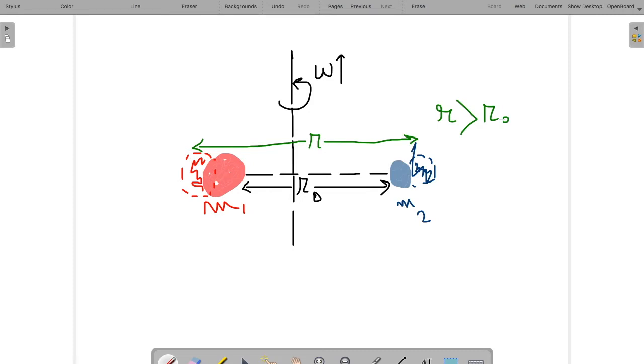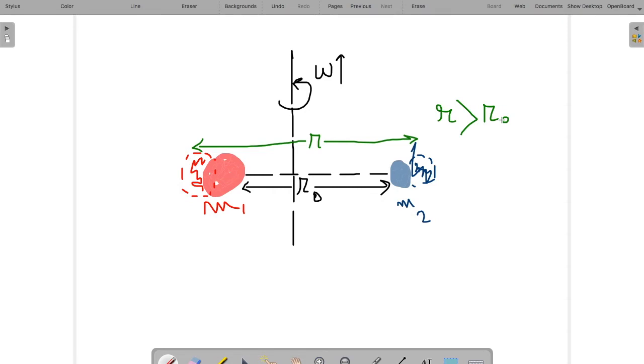So if we rotate it faster and faster, does the molecule split? Meaning, do the two atoms split apart and we break the bond between them? No. So why does that molecule remain a molecule?